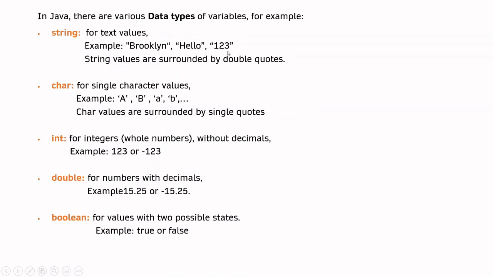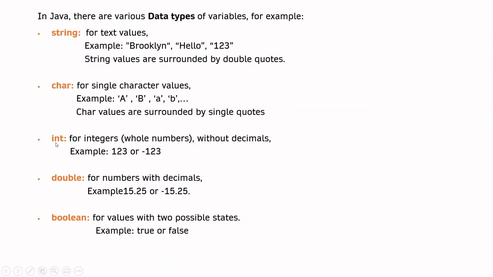That's text, not considered a number. We're talking about the character 1, the character 2, the character 3. All string values must be surrounded with double quotation marks. There's another type, which is char, for single character values. For example A or B, in single quotation marks, will be used for values of type char.